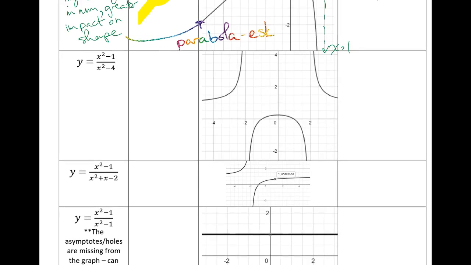Our next one, well, this looks more like a reciprocal function again, so that's at least moderately comforting. What's happening here is, well, let's factor it out. These are both difference of squares, so x minus 1, x plus 1 in the numerator, x minus 2, x plus 2 in the denominator, which means that there's no cancellations, so there's going to be no holes.